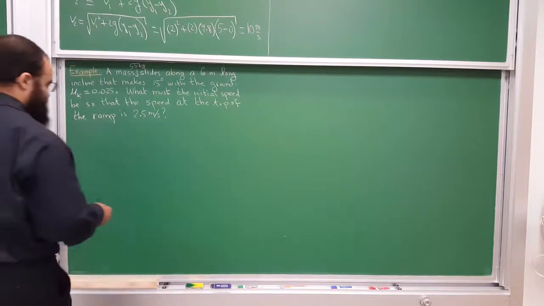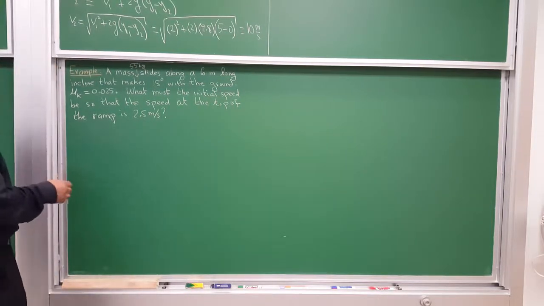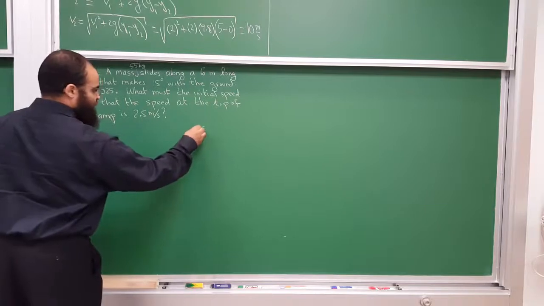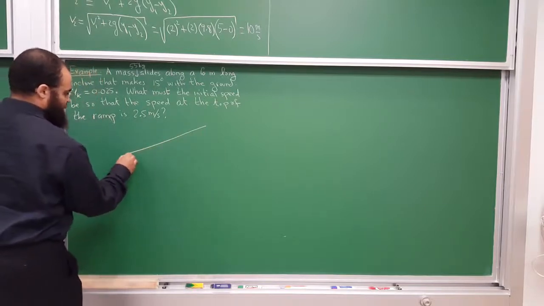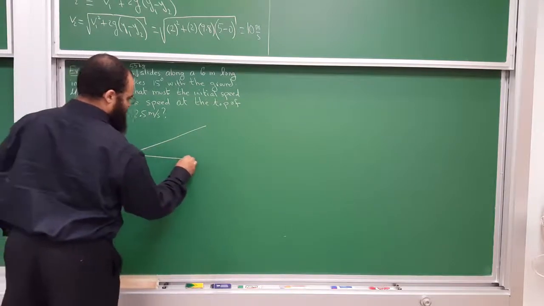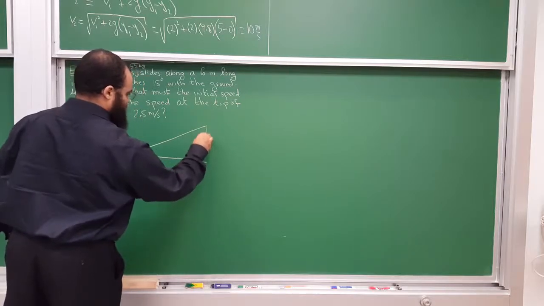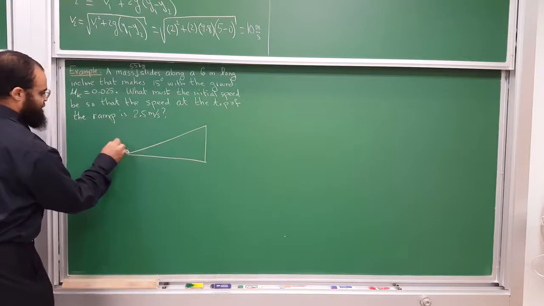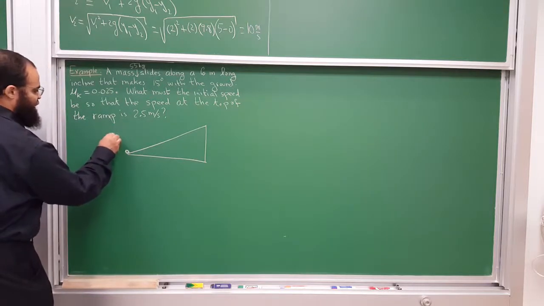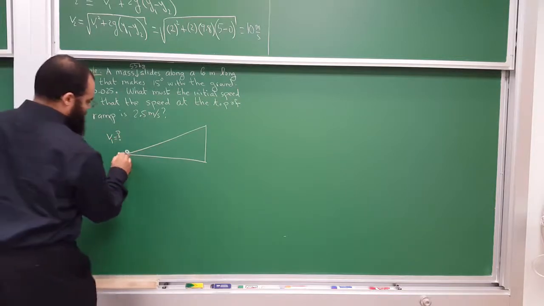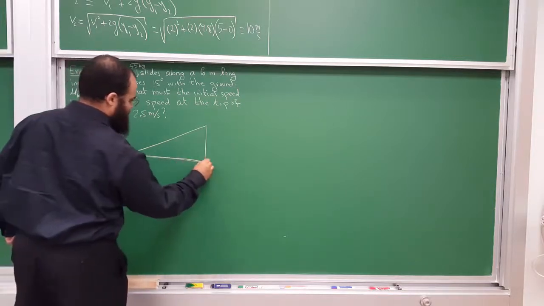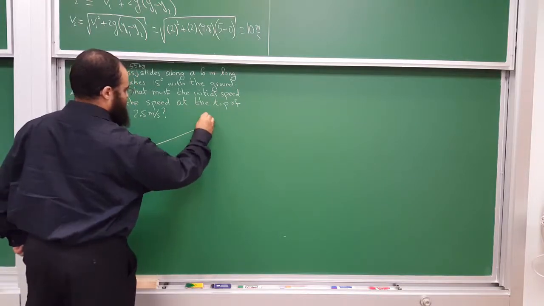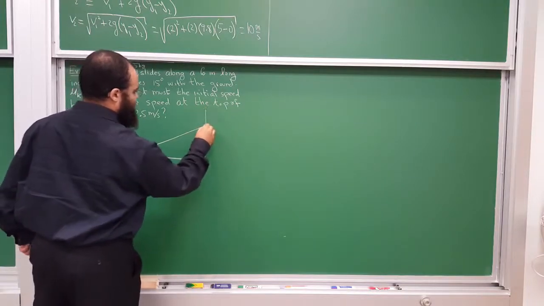So here is the picture I would like to draw. You have this. The mass is here at the beginning. Let's call that speed V1. We do not know what V1 is, so I'll put a question mark here. And this is the height here.